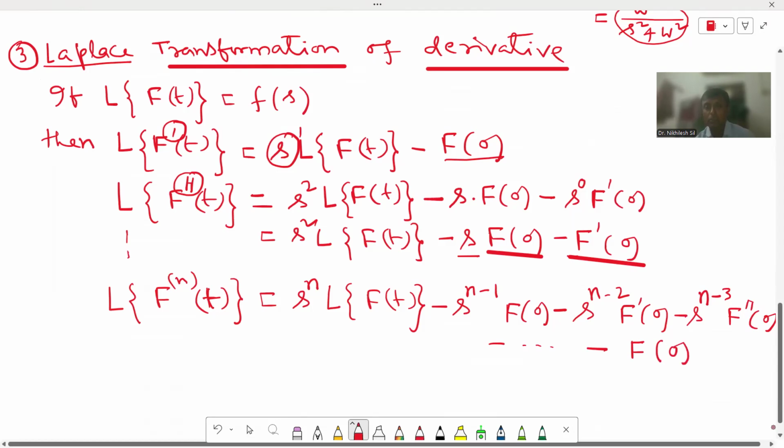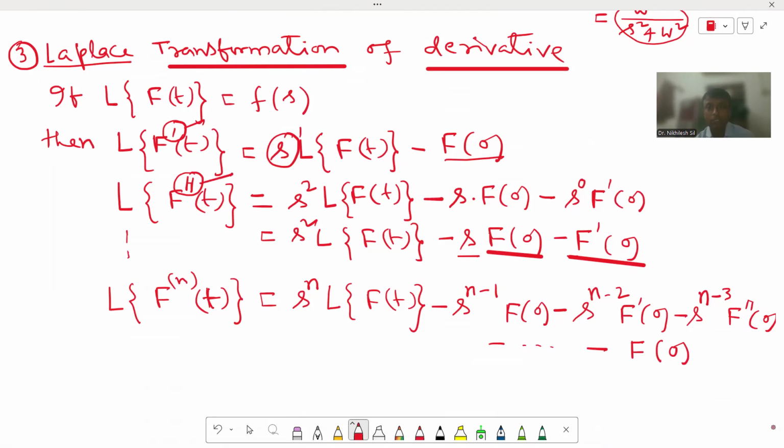Now how many order derivative of f will be there? Come to here. If it is 1 times derivative, then no derivative, 1 less than. If it is 2 times derivative, then in the last term there is 1 times derivative, that means 2 minus 1. If it is n, then in the last term the derivative will be n minus 1.